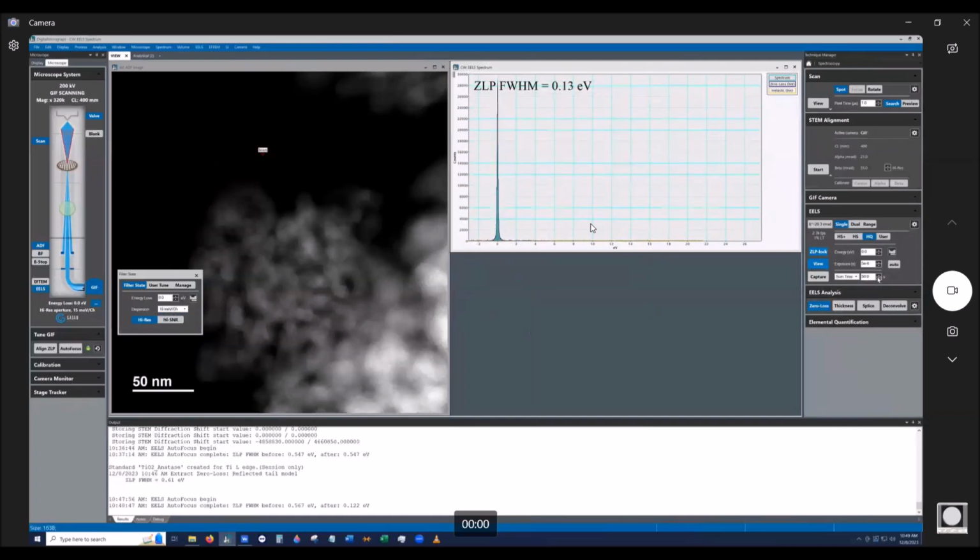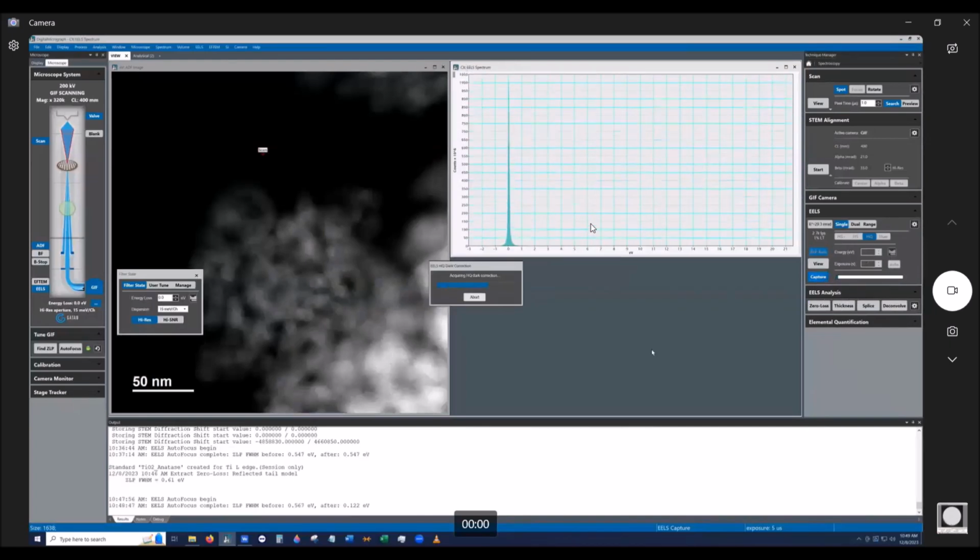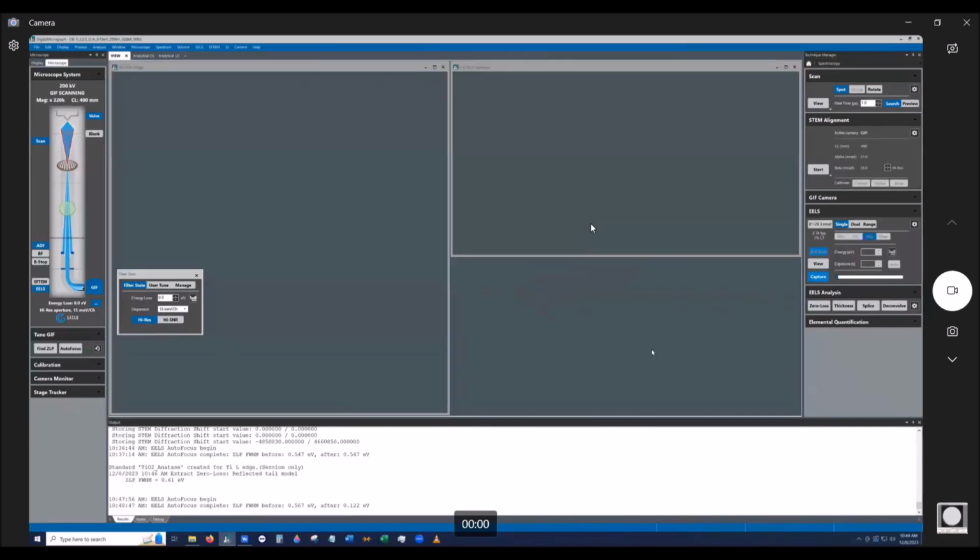So let me put this down here anyways, and we will collect the ZLP just so we have it. Oh, it's taking a long time. Here, let me, oh, that's fine. We got enough there.